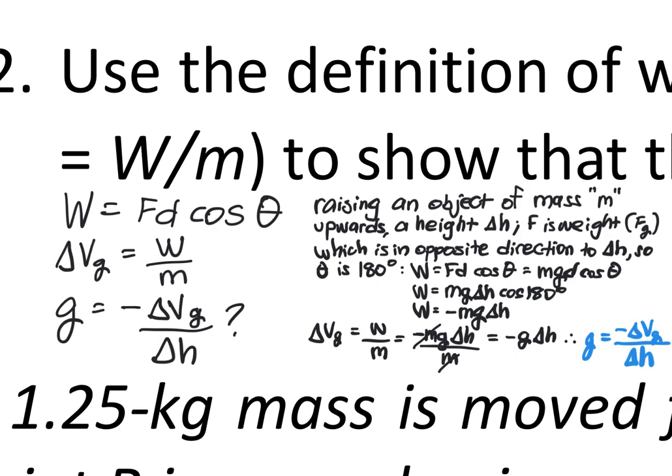And then theta is going to be 180 degrees because the change in height is an upward vertical change away from the Earth, but the force due to gravity is towards the Earth, so the displacement and the force are in opposite directions. So the angle between them is 180 degrees. That's where the negative is coming from, because the cosine of 180 is -1.